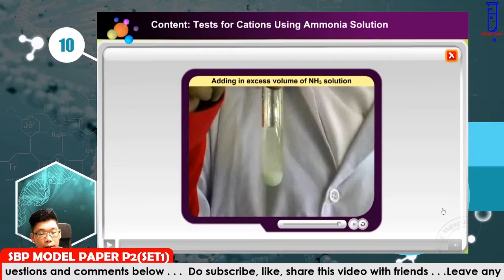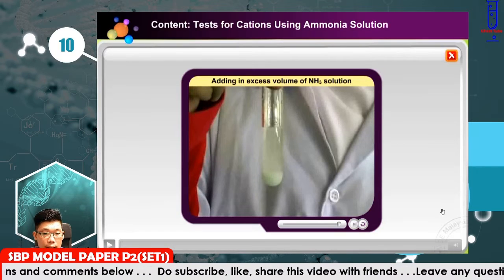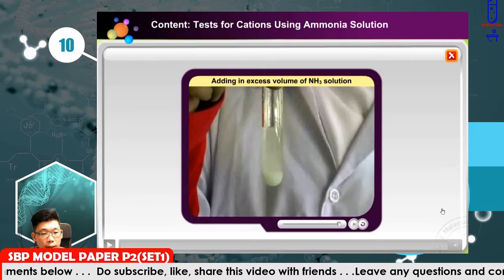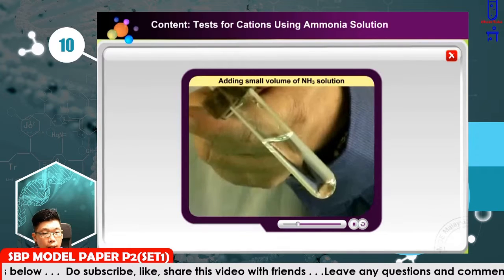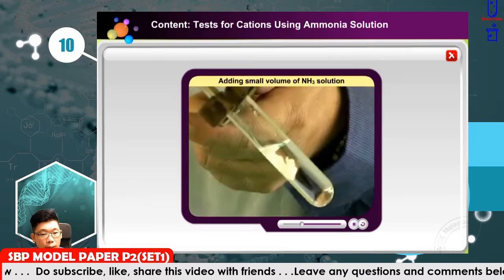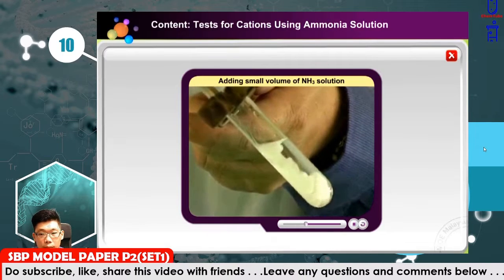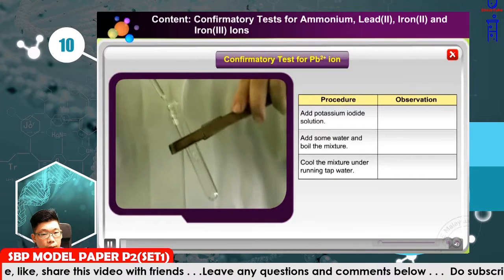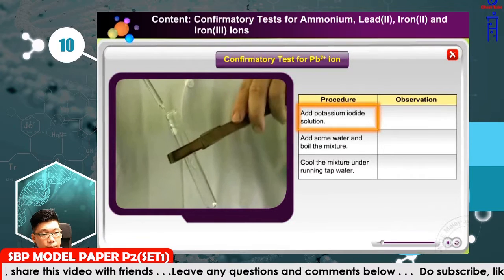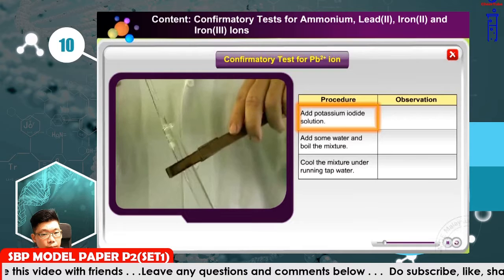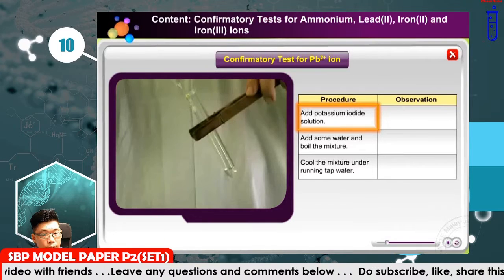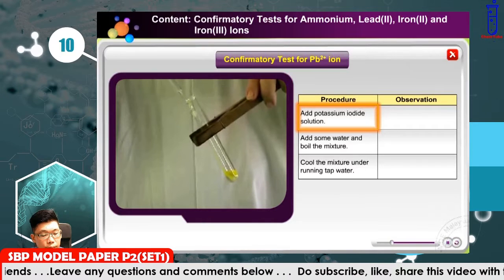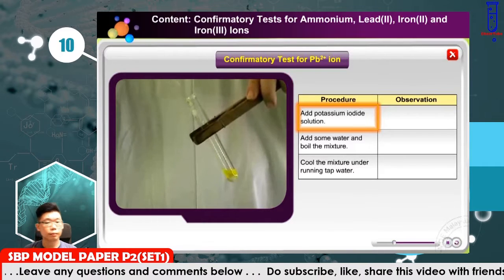So how are we going to differentiate aluminum and lead? We use potassium iodide. Use a dropper to add about 1 cubic centimeter of potassium iodide solution into a test tube containing lead(II) ions.